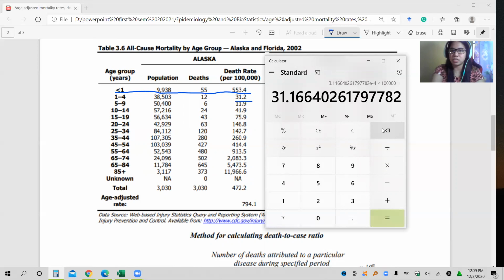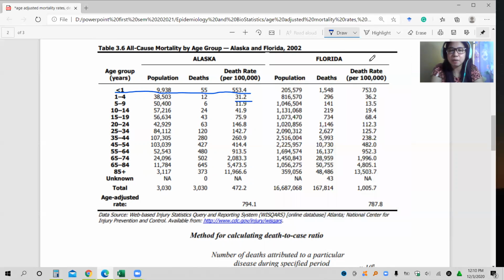So the result is 31.166, or simply 31.2 in our table. If we continue with this, we can obtain the values here by simply dividing the deaths and the population indicated in the identified age groups, multiplied by 100,000.